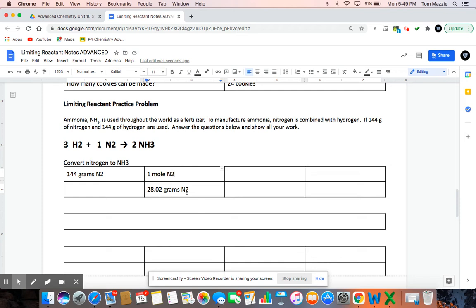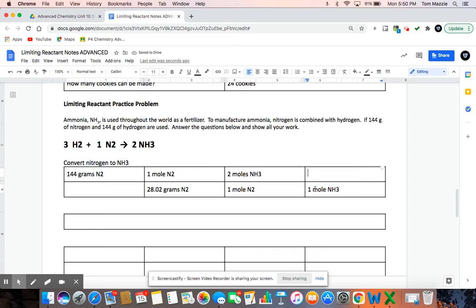Now we need to convert from moles of nitrogen, which is right here in our equation, into moles of NH3. In our equation, it says we have 2 moles of NH3. Now we need to go from moles of NH3 into grams of NH3.